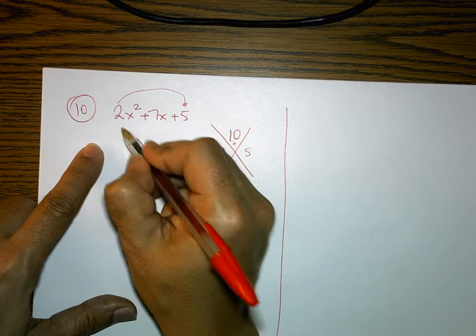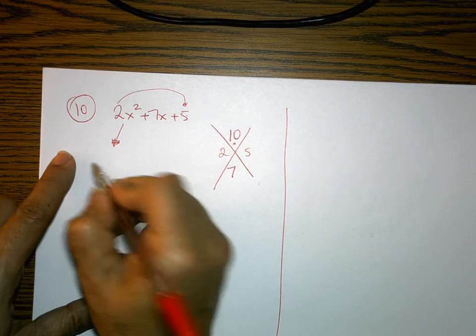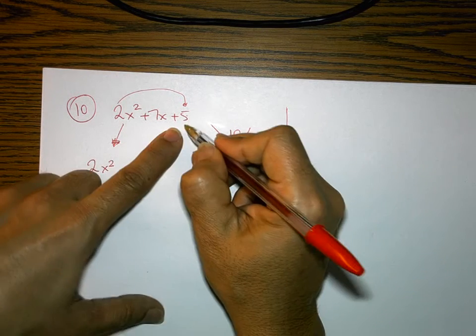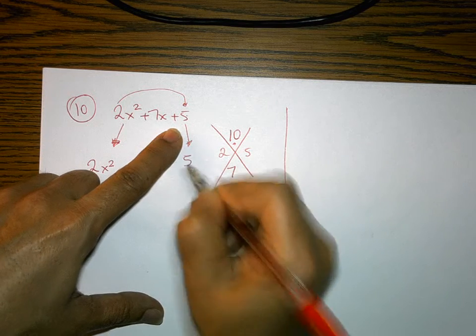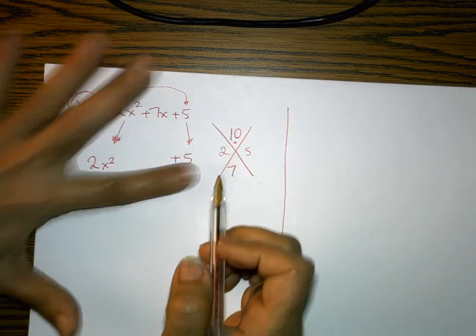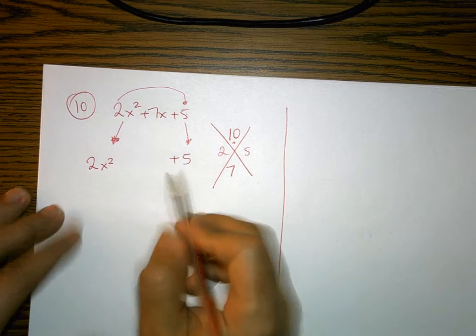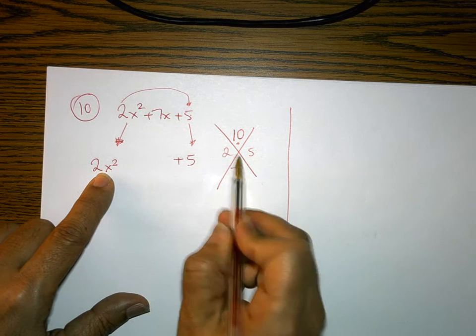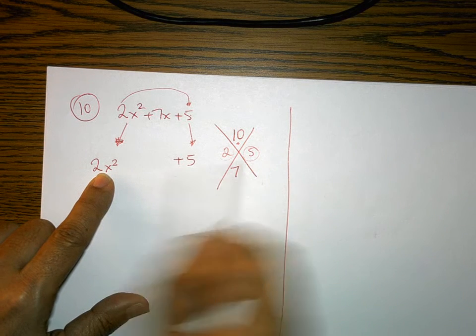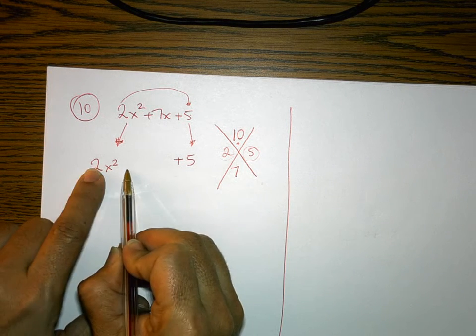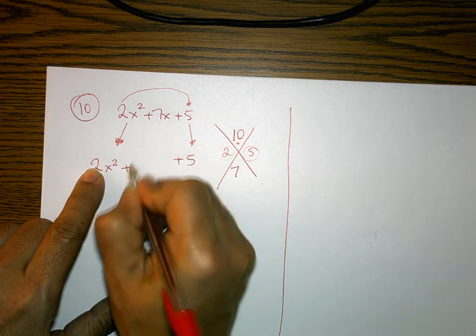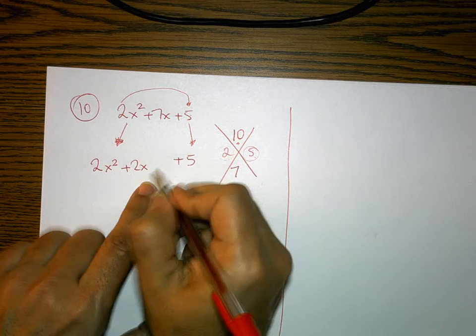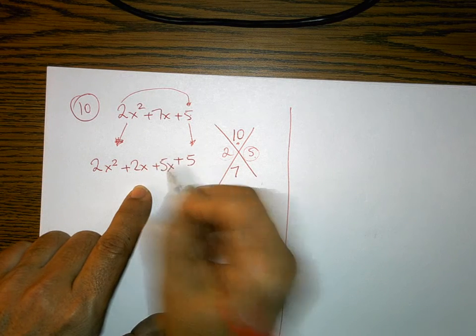We must rewrite the first term, 2x squared. We must rewrite the last term, positive 5. Oh, I need lines. So the middle term is going to be a combination of these two factors. I really don't want to put the 5 with the 2. I'm going to put the 2 in the front. So 2x, and I'm going to put the 5 with the 5. Plus 5x. Oh my gosh, this looks so ugly.